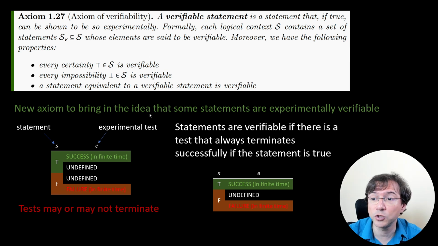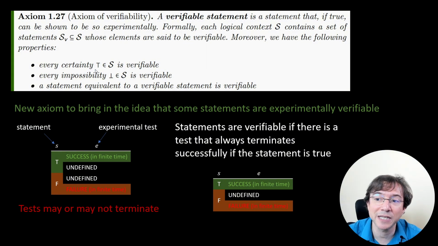Now, we're going to talk about tests later, but the point is that the tests are not going to enter the formal system because we tried, and it's a mess, and it doesn't add anything. The only thing that we need to do in the formal system is say that in each logical context, there is a subset of statements that is verifiable. That's what we need to say.